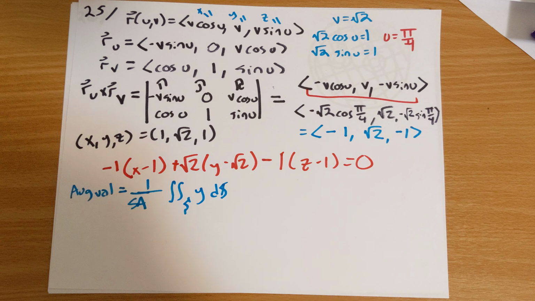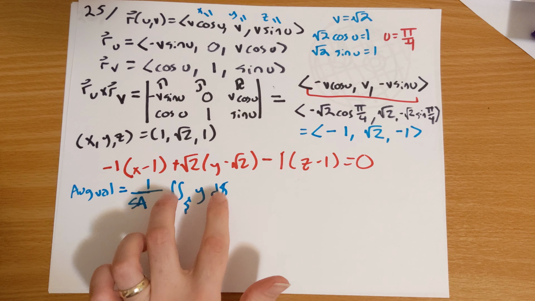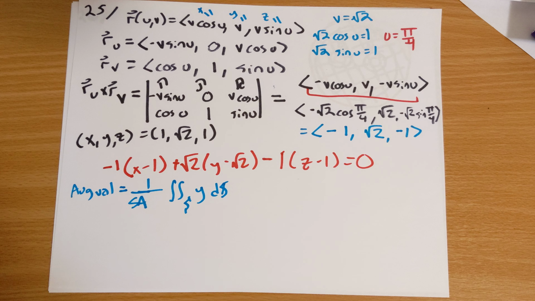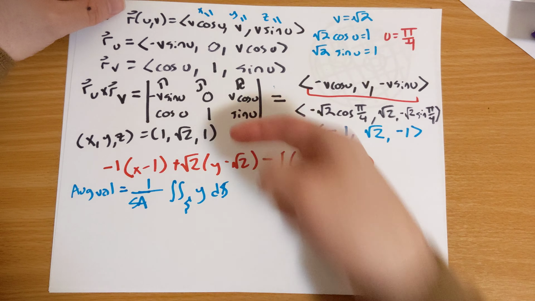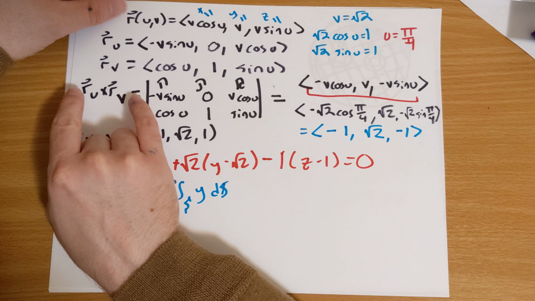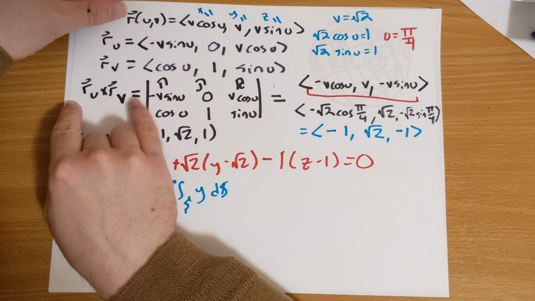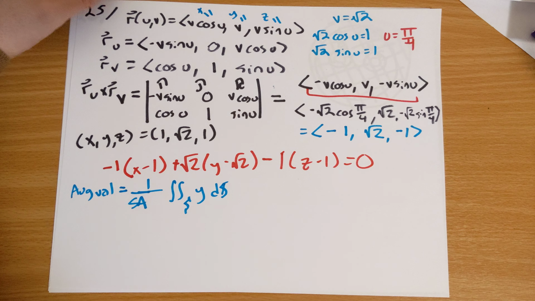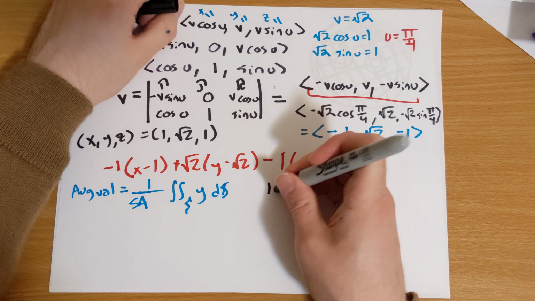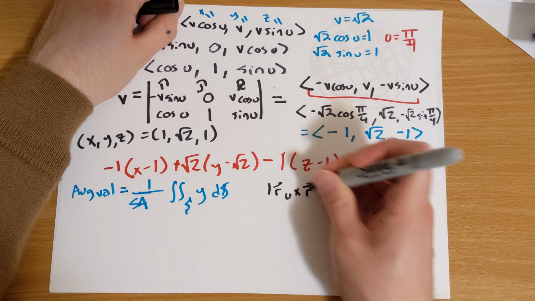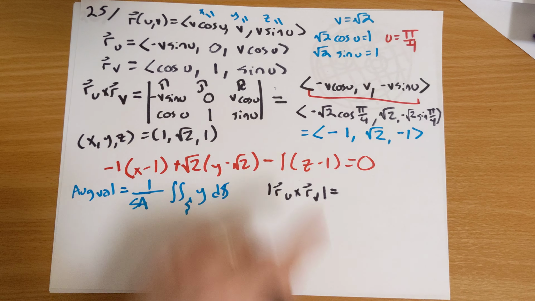Now, we're told that the surface S has area 4 square root 2 pi, so really all we have to do is calculate this scalar surface integral. To do that, we've done a lot of the work right here. We've got the cross product, so let's just find the magnitude of our cross product, because we'll need that. The magnitude of r sub u cross r sub v.